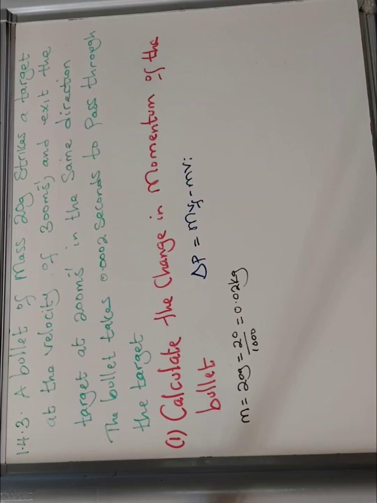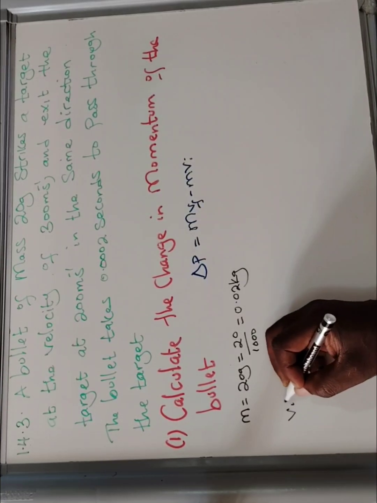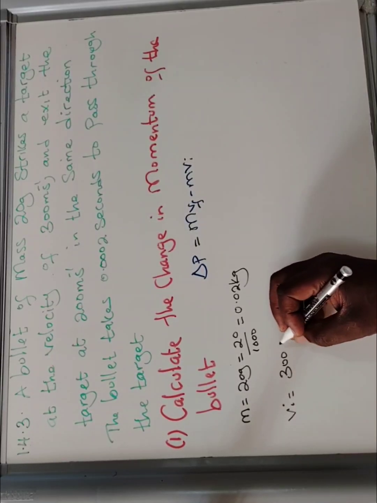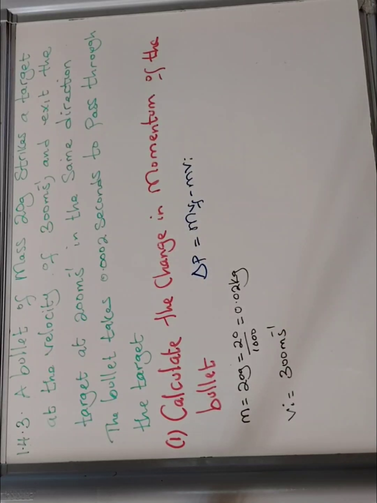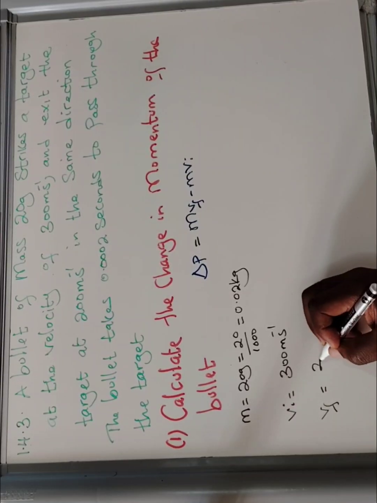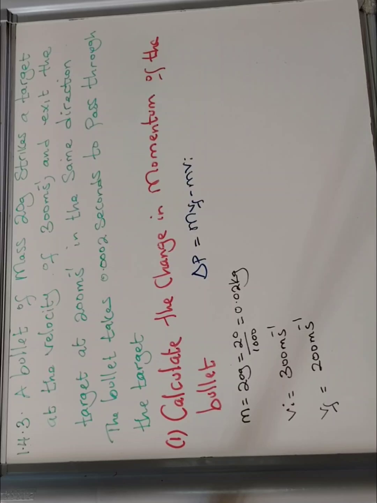Okay. What else do we know? We know the initial velocity, which is 300 meters per second. What else do we know? We know the final velocity, which is 200 meters per second.